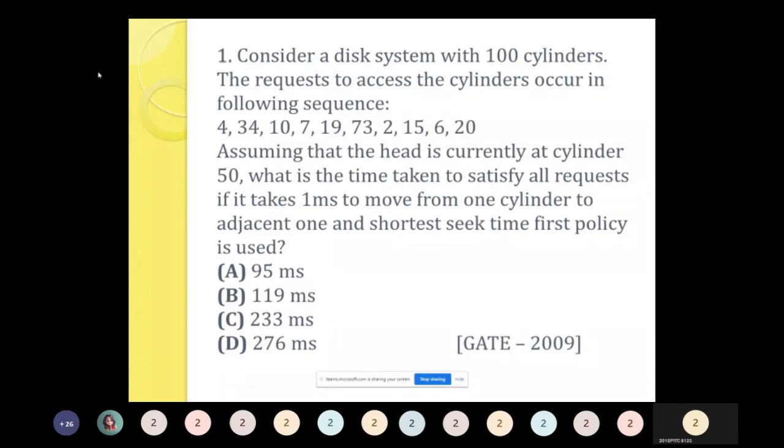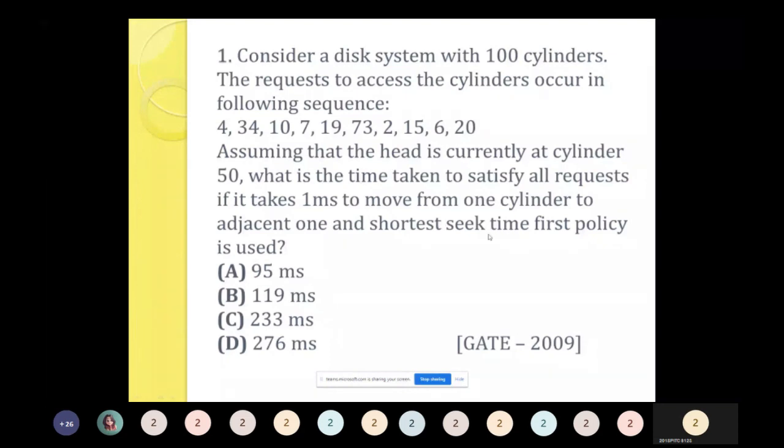Which we have to calculate. This can be calculated by SSTF, that is shortest seek time first.